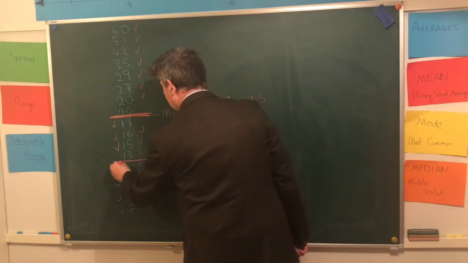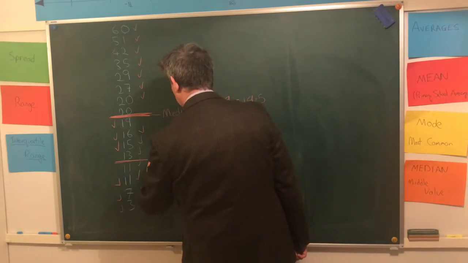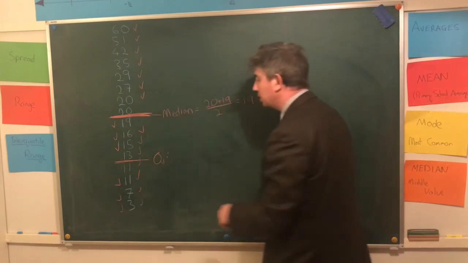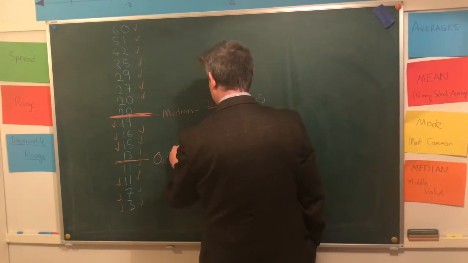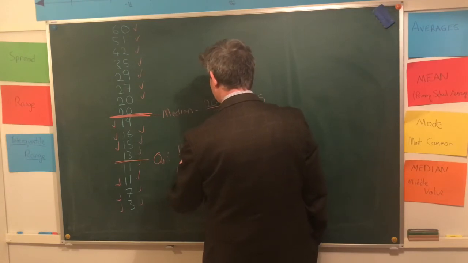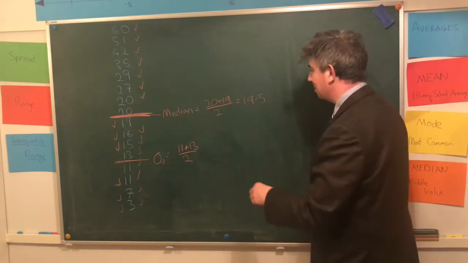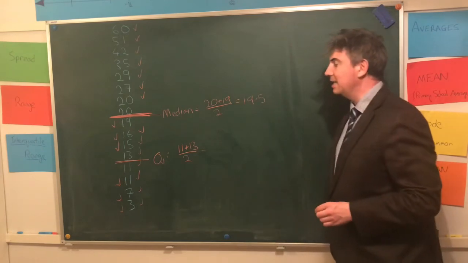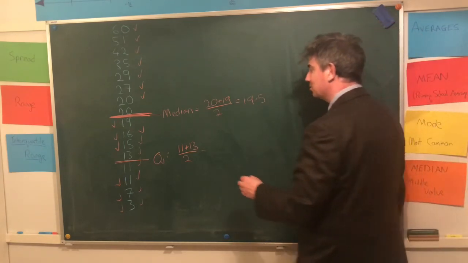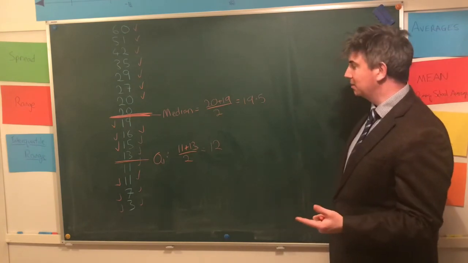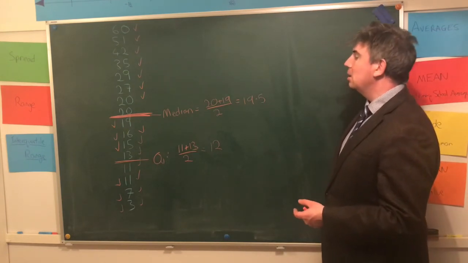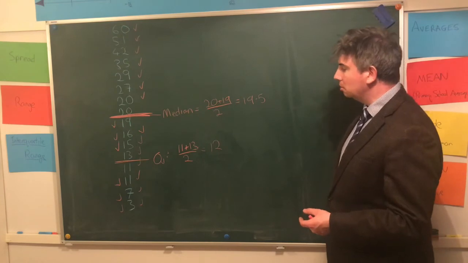So I now know that Q1 is in there, and Q1 is the number that's halfway between 11 and 13. So it's equal to 11 plus 13 all over 2. I won't fall into it this time. 11 plus 13 is 24 all over 2, which is 12. And that makes sense because the number that's halfway between 11 and 13 is 12, obviously. Right, so we now have Q1.